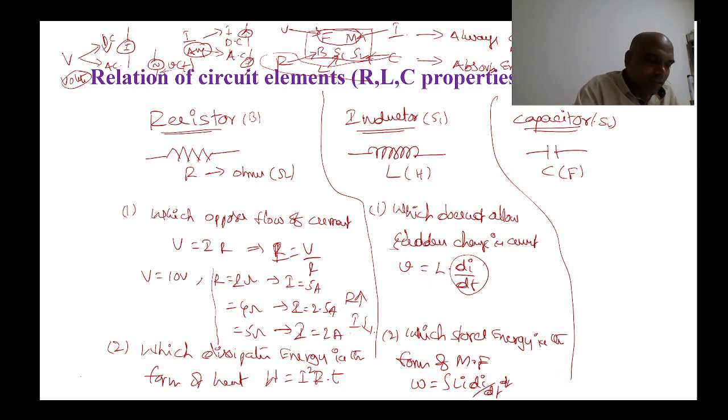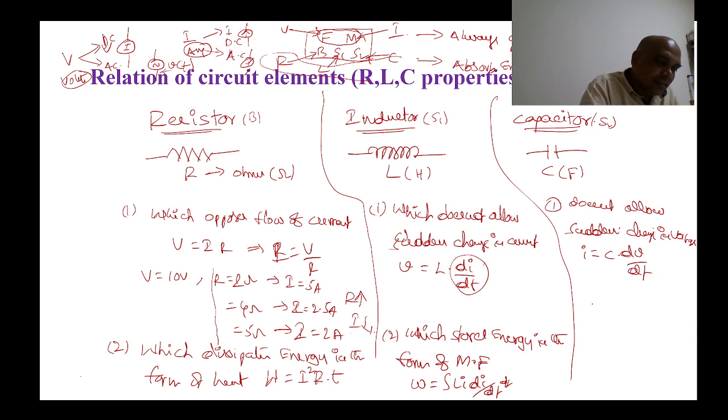So this is about the inductor. Coming to the capacitor: for the inductor, it does not allow sudden change in current; the capacitor does not allow sudden change in voltage. Sudden change in voltage means I equals C into dV by dt.